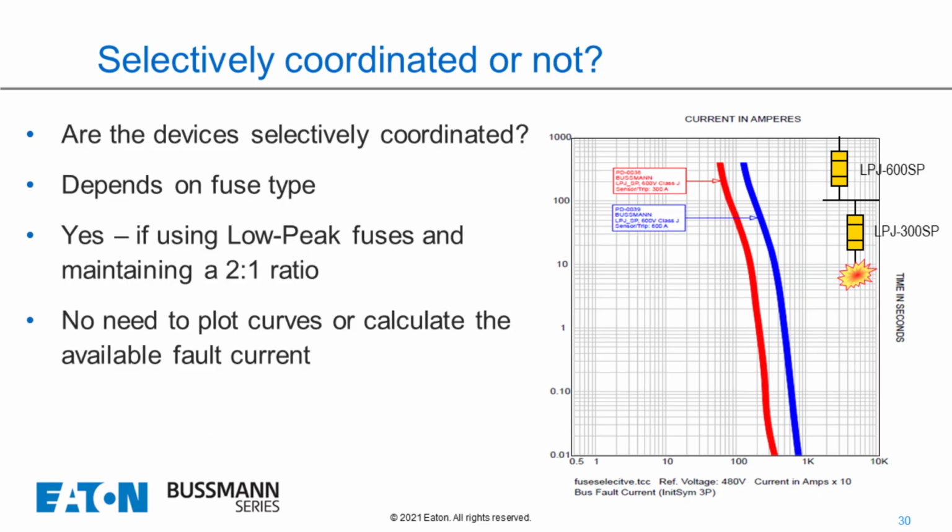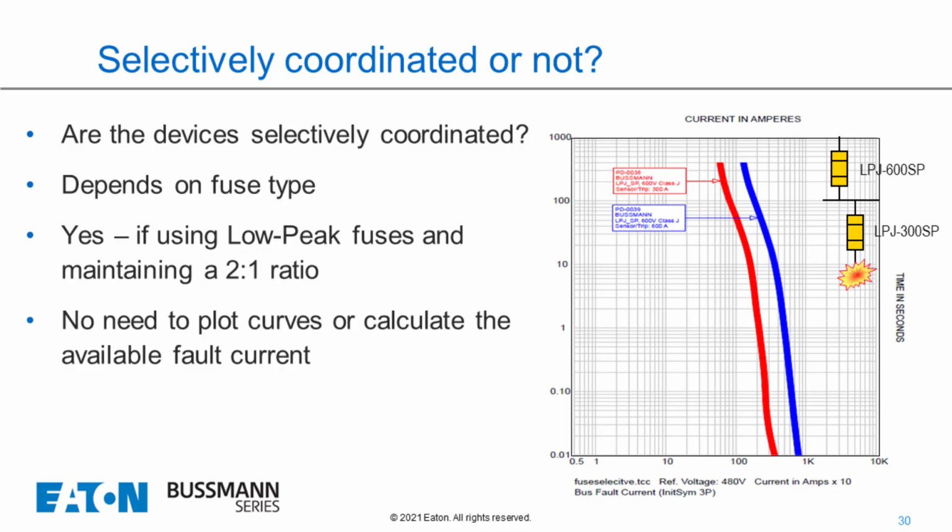Okay, so in general, for fuses, if you're in the same family of fuse, so for instance, if you have Bussmann low peak fuses, so either the Class J's, okay, so we've got two Class J's here in this case, or the RK1s, which are the low peak fuses, the LPSs or LPNs. If we have two of the LPSs together, right, it's automatically a 2-to-1 ratio.